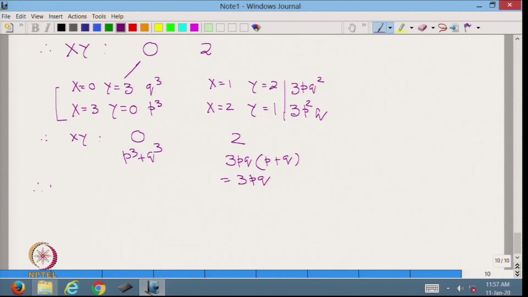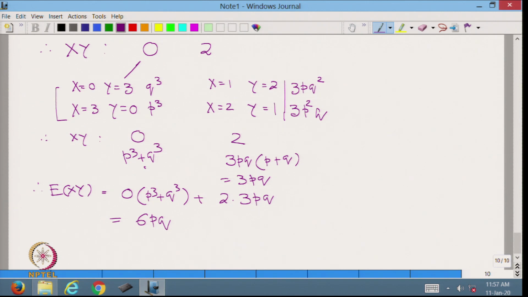Therefore, expected value of x y is equal to 0 times q cube plus 2 times 3 p q is equal to 6 p q.